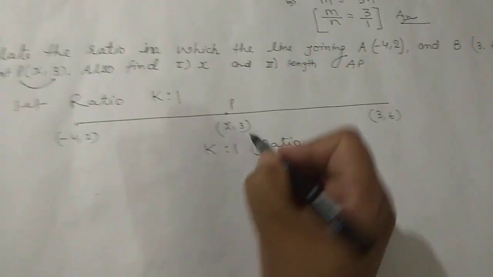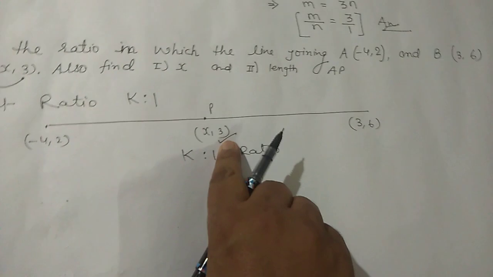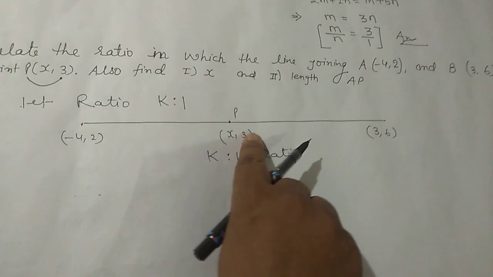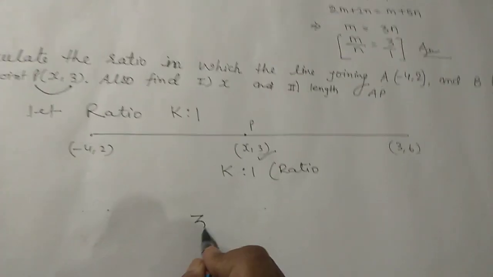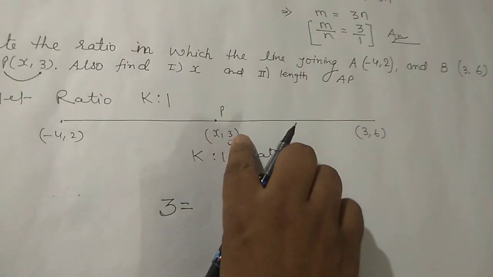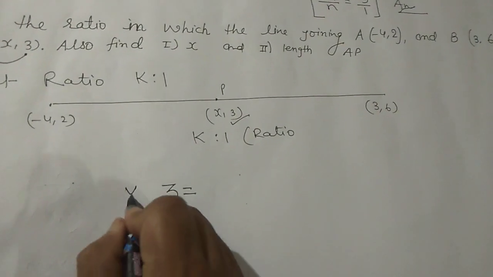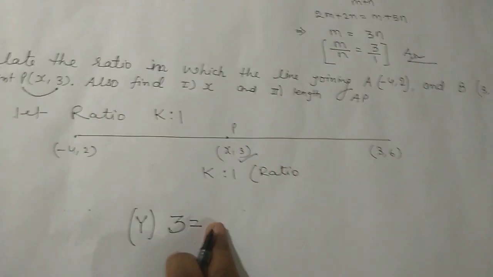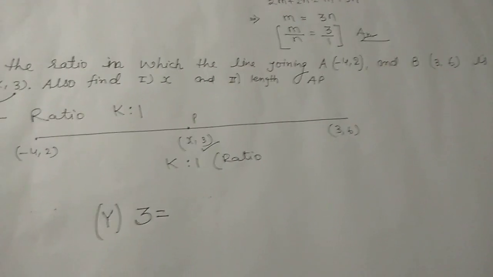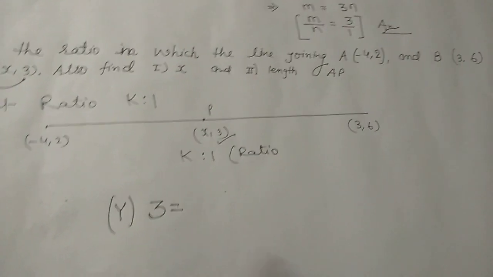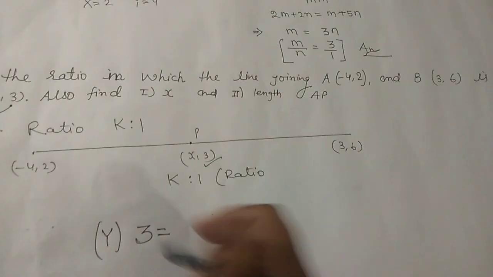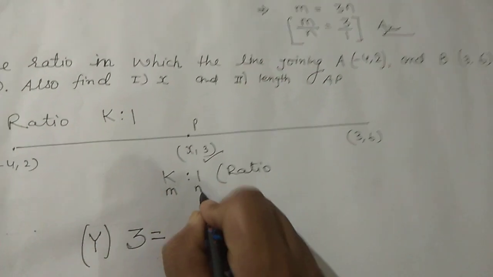So the ratio is k:1. I'm not going to write the formula; I will use directly what is given here. The 3 is given, so use this: 3 is equal to, for the y of the point, writing here in bracket, y3. The formula for y is m y2 plus n y1 upon m plus n, where m is equal to k and n is equal to 1.